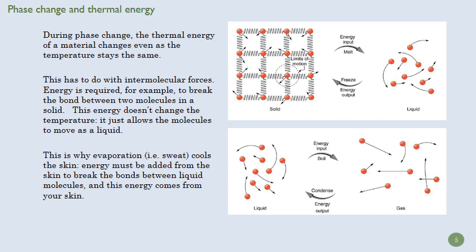And so even though the water, when it turns into vapor, hasn't changed temperature, right? It still requires energy, and that energy is coming from the skin. And so before we talked about adding energy to change temperature. Here we're adding energy to change phase.